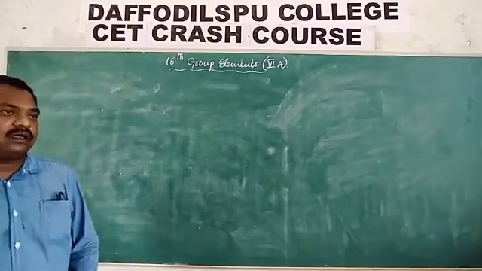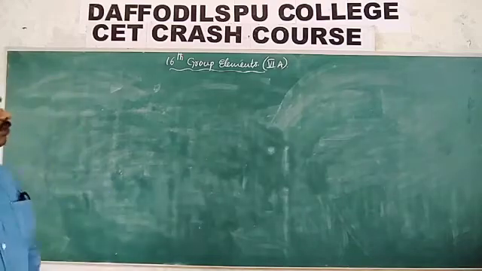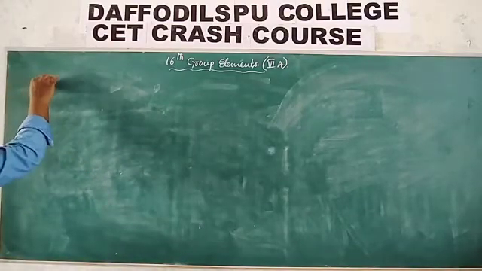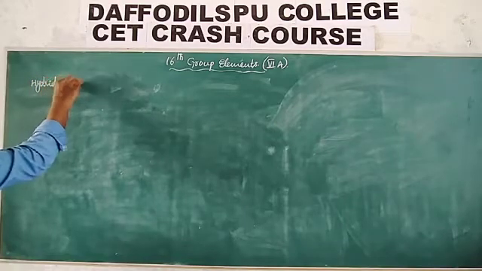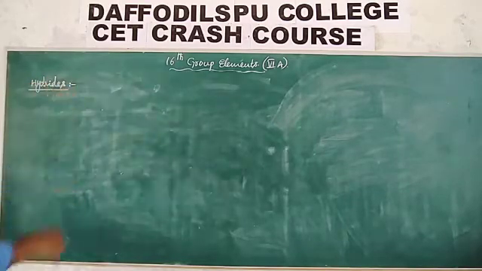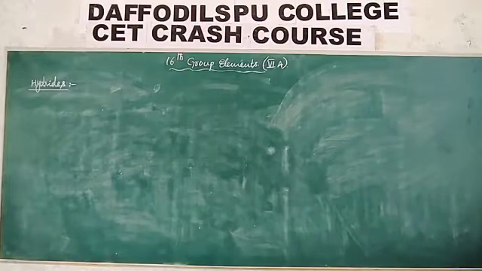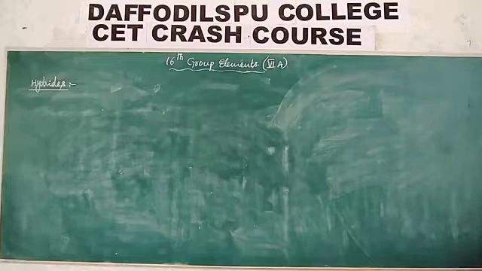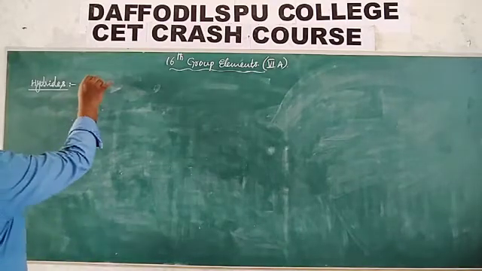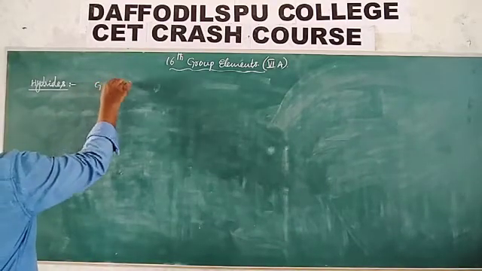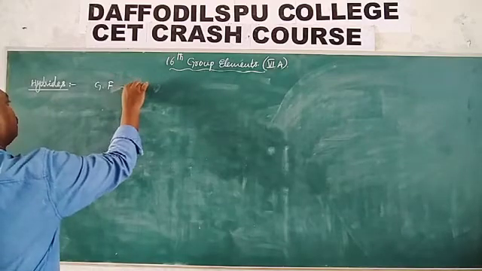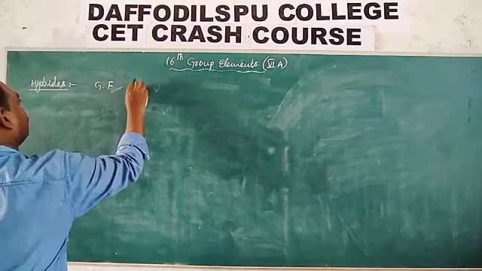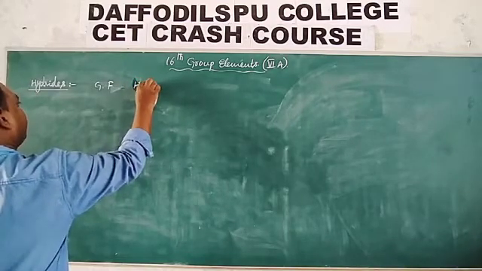Next we will look at the hydrides of the 16th group elements. When the 16th group elements react with hydrogen, the formed compounds are known as the hydrides. These hydrides' general formula is H2M.